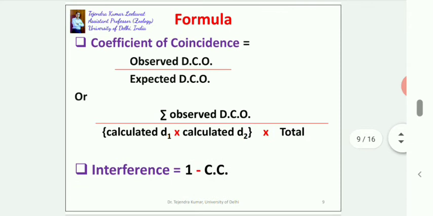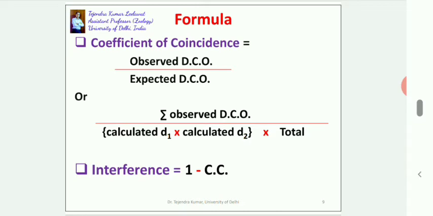The formula for the coefficient of coincidence is simply observed double crossover upon expected double crossover. It sometimes looks similar to the chi-square test, but there is something different. Observed double crossover is the total of the double crossovers.